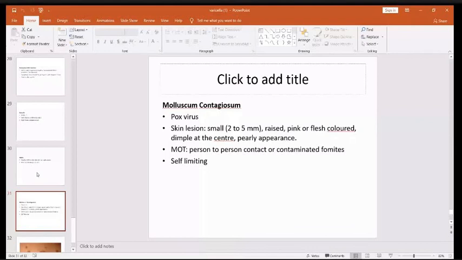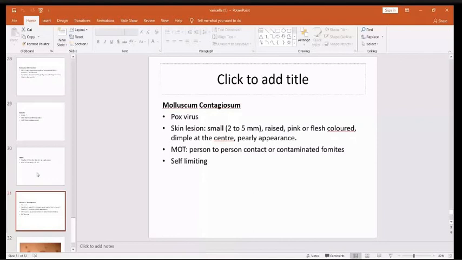Transmission is by contact with the lesion, and it is a self-limiting infection. You can see the lesion of molluscum contagiosum, which is around 2 to 5 mm, a raised convex lesion, and the center is dimpled or pitted, and it is flesh-colored or the color of the skin.